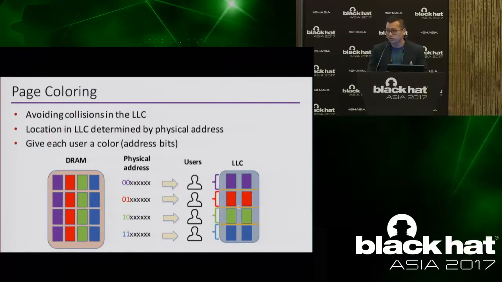If the operating system can carefully select physical page addresses, it can isolate the protected process from the unprotected process. What I mean by that is you can assign physical page addresses to the protected process in such a way that all its pages map to a certain cache set.